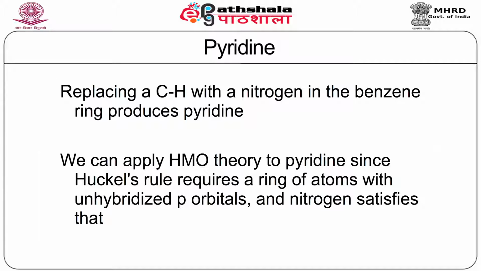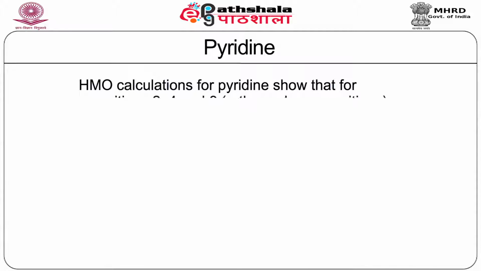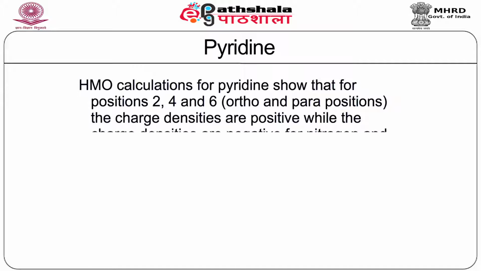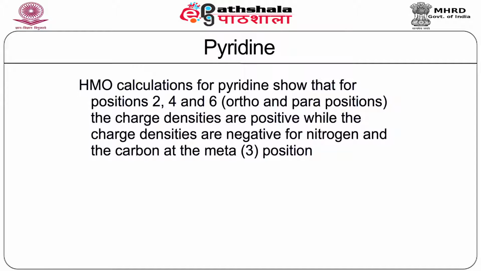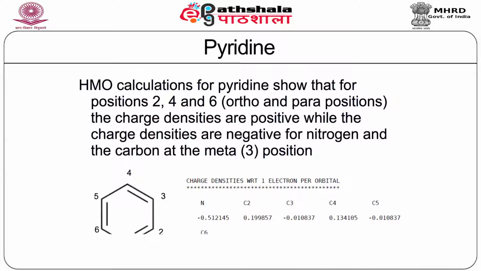Now we can apply the Hückel molecular orbital theory to pyridine, since Hückel's rule requires a ring of atoms with unhybridized p orbitals, and nitrogen satisfies that rule. Hückel molecular orbital calculations for pyridine show that for ortho, that is 2 and 5 positions, and para 4 position, the charge densities are positive, while the charge densities are negative for nitrogen and the carbon at the meta position.